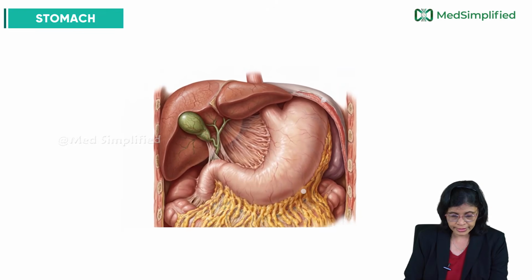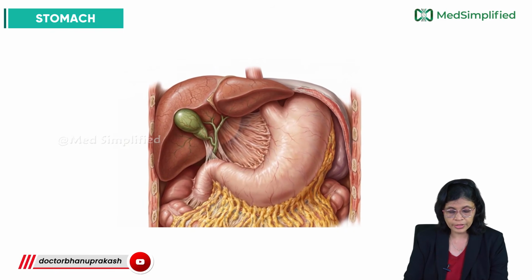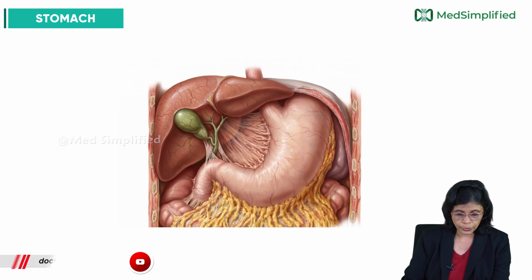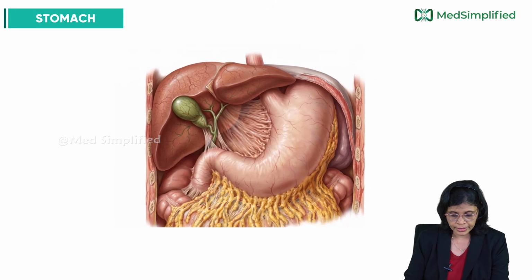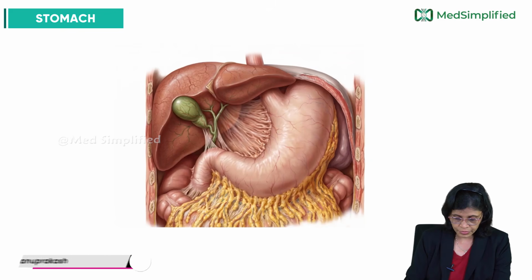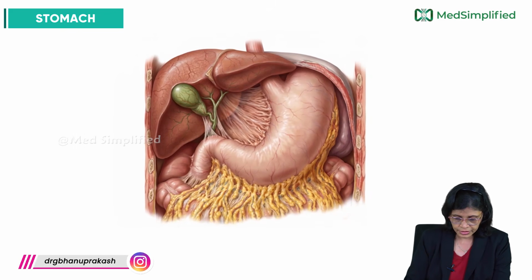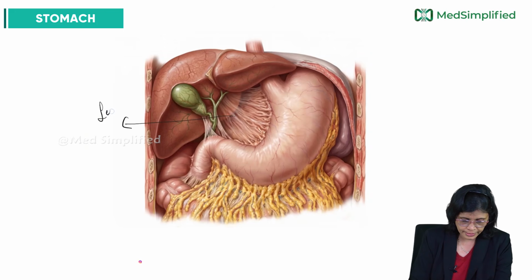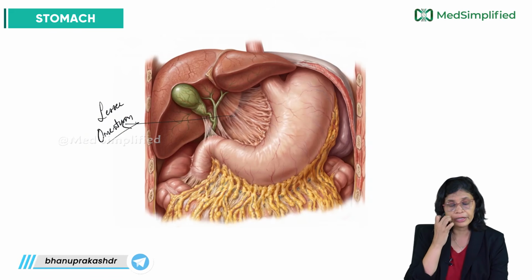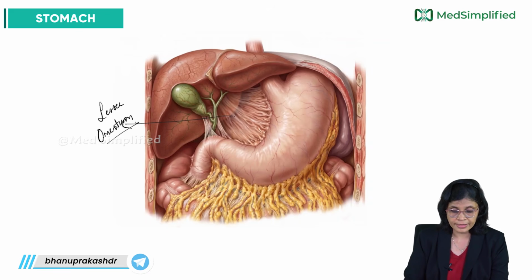Then coming to the relations of the stomach, there are certain important structures lying in relation to the stomach, and we need to know them. The lesser curvature gives attachment to the two layers of the lesser omentum, which contains the anastomosis of the right and left gastric arteries.